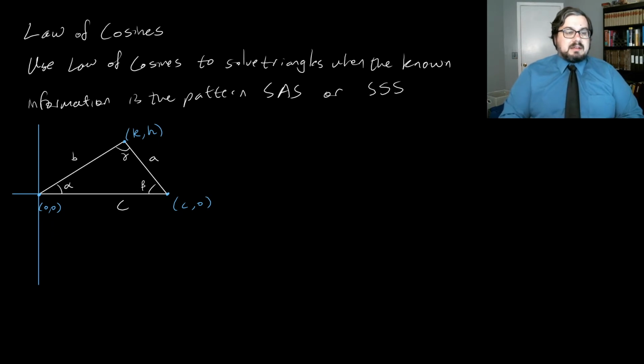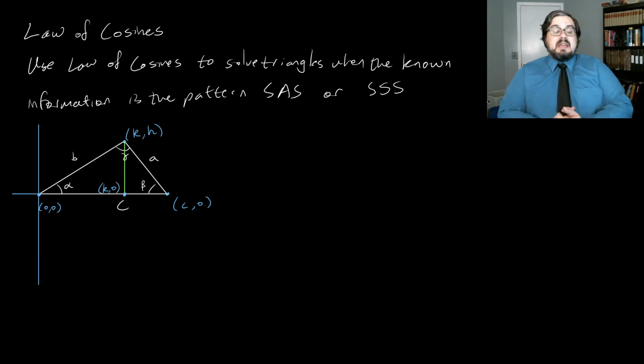And in fact, I'm going to draw in another line that comes down like this, and this point down here has coordinates k, 0. And what we're going to do is take this figure here and use what we know about trigonometric functions and the distance formula to find a way of relating things together.